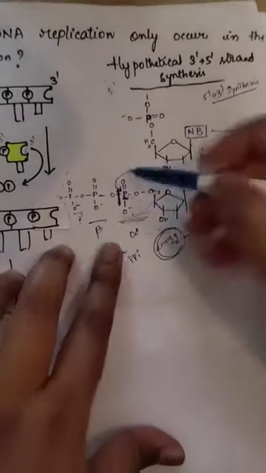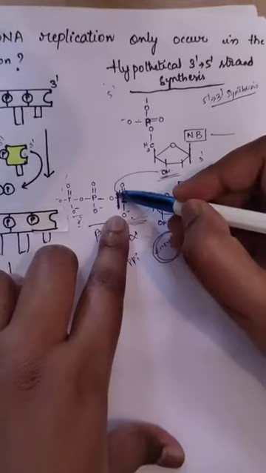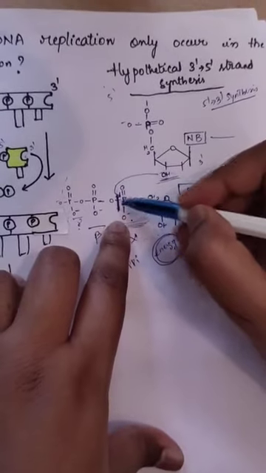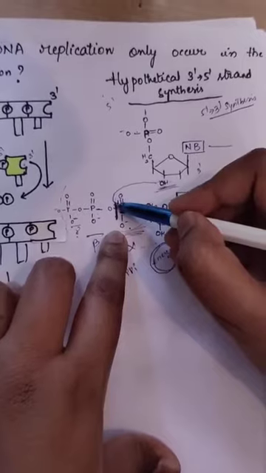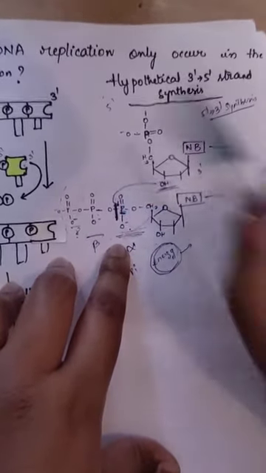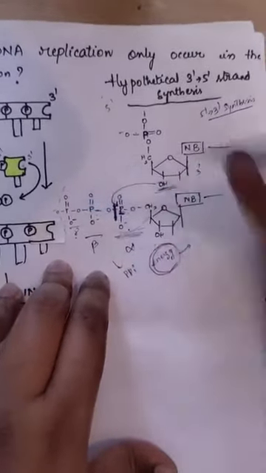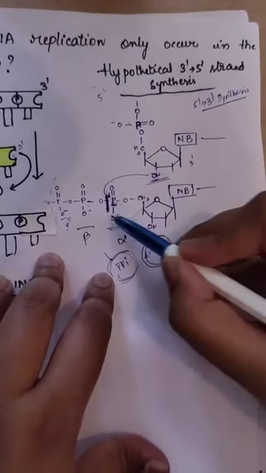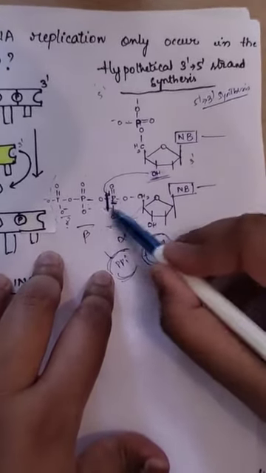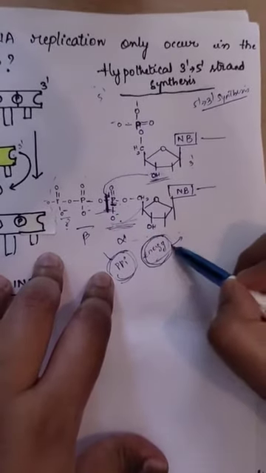So what happens is that this phosphorus cleaves the bond between the alpha phosphate and the beta phosphate. It will cleave this anhydride bond. When this anhydride bond is cleaved, the beta and gamma phosphates are released in the form of pyrophosphate. And since this is a high energy bond, the energy is released.